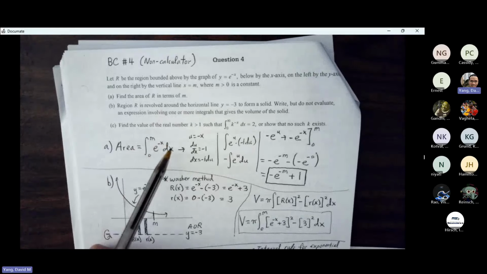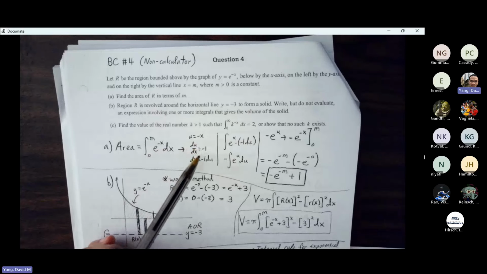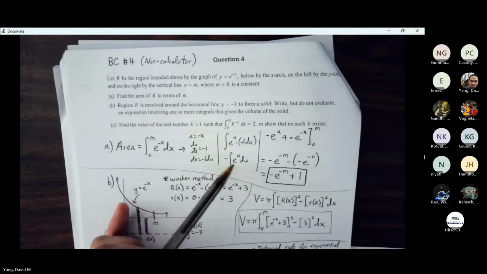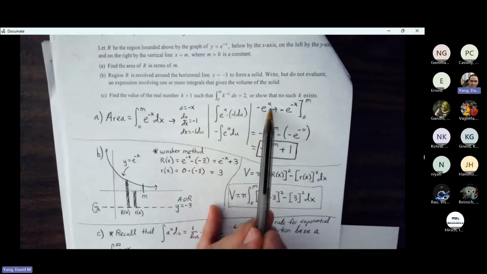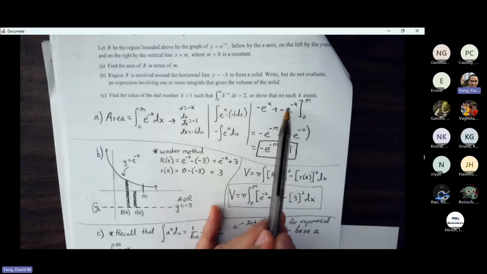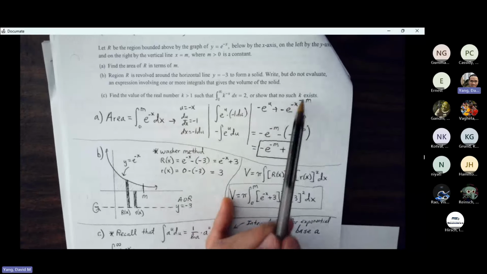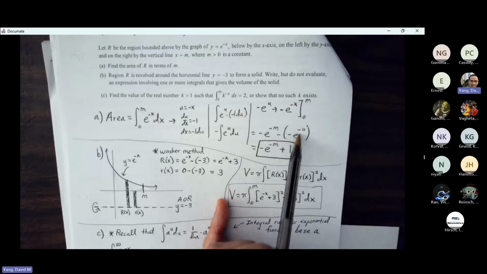So we just go through our process, use substitution, u equals negative x, derivative is -1. Make our substitution, and we're left with negative integral of e to the u. E to the u is e to the u. Replace the u with negative x because that's our original variable. Plug in my upper and lower bound, m in for x, then 0 in for x.